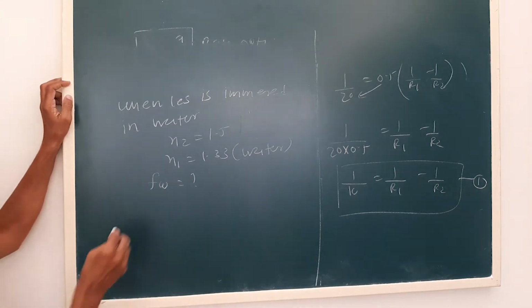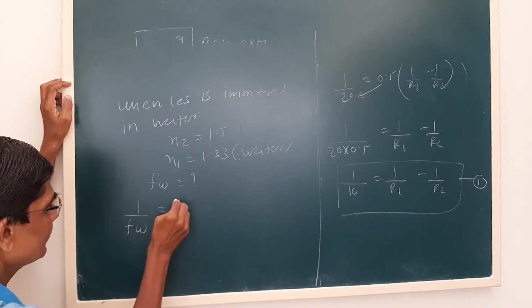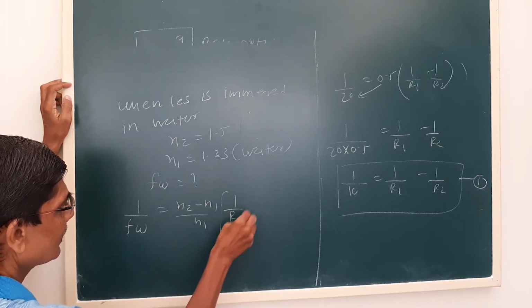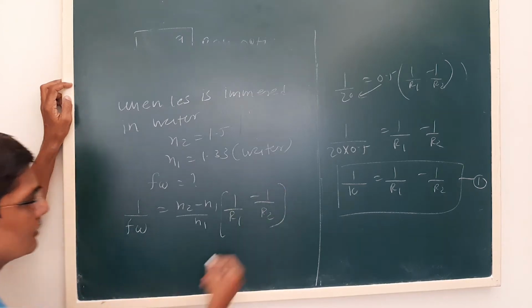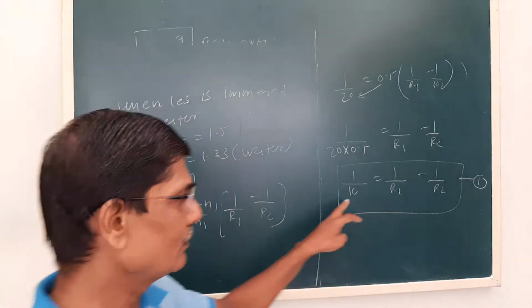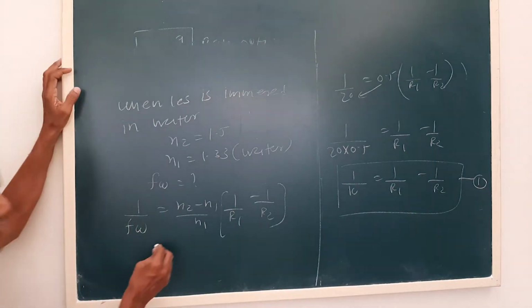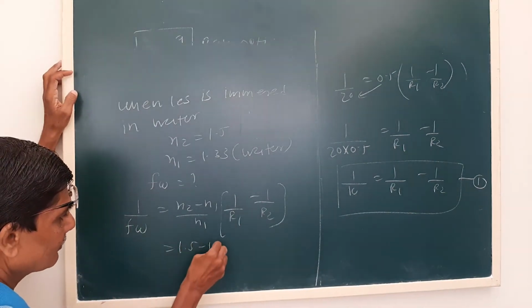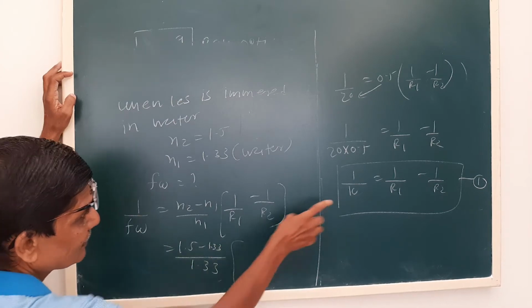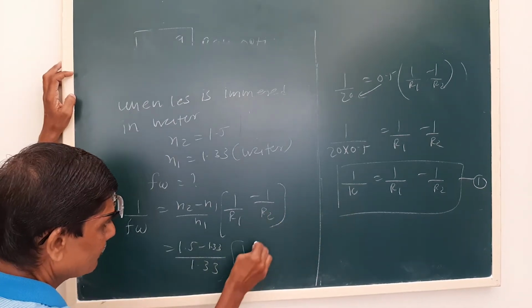Now see our equation, 1 upon FW is N2 minus N1 upon N1, into 1 upon R1 minus 1 upon R2. Okay, now see, 1 upon R1 minus 1 upon R2 we have got 1 by 10, N2 is 1.5, N1 is 1.33. See, 1 upon R1 minus R2 we have.